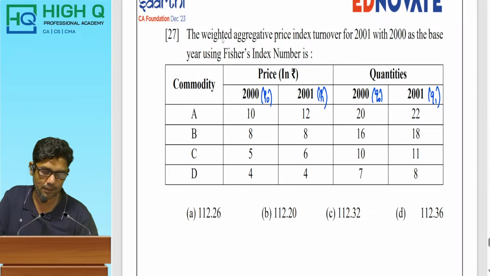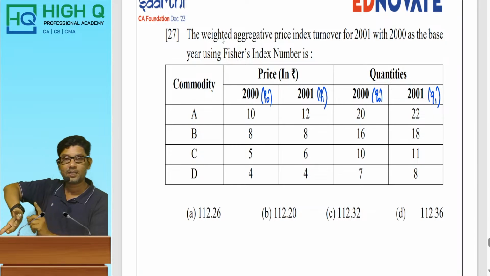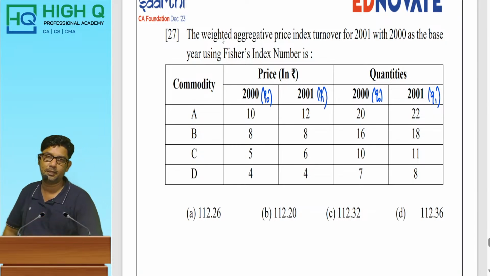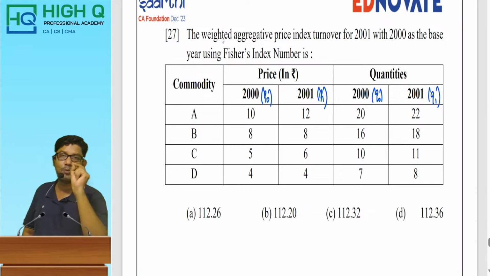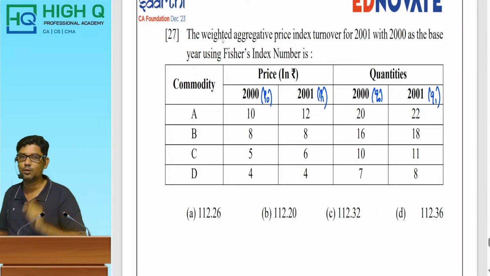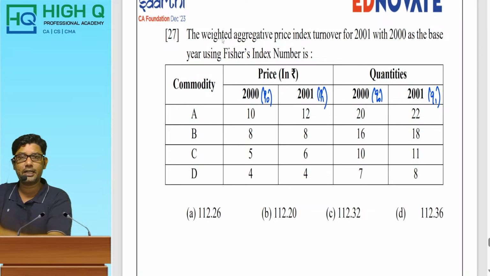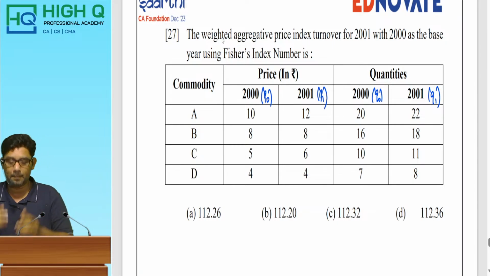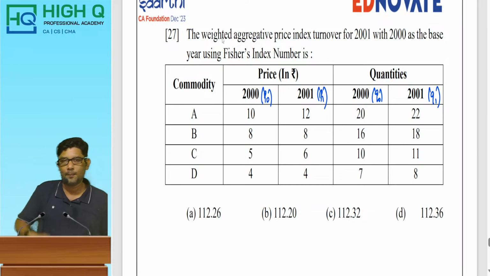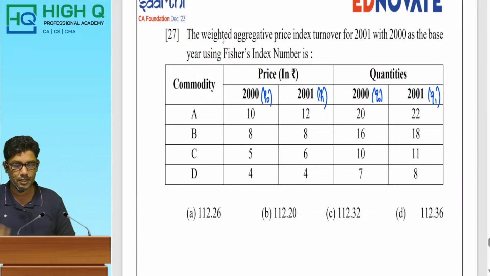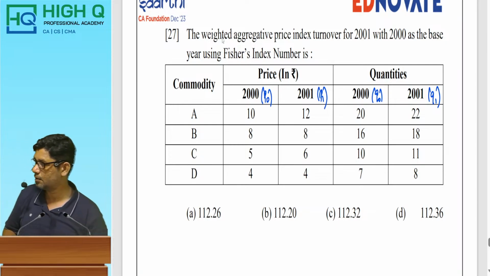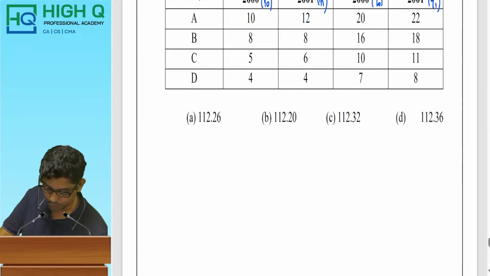Please understand, whenever you practice, keep a timer and calculate how much time you take for each and every sum. When you solve index number problems, keep the timer aside and check how much time you are taking. For these types of sums, more than 1 minute is too much, my dear.